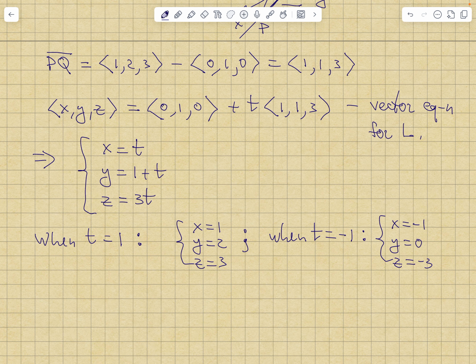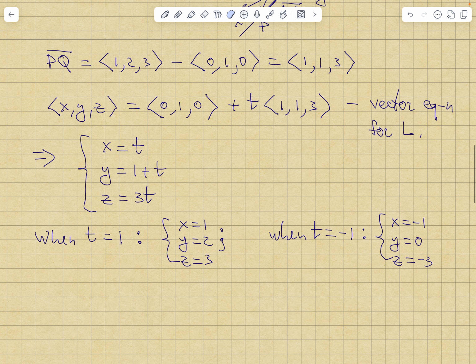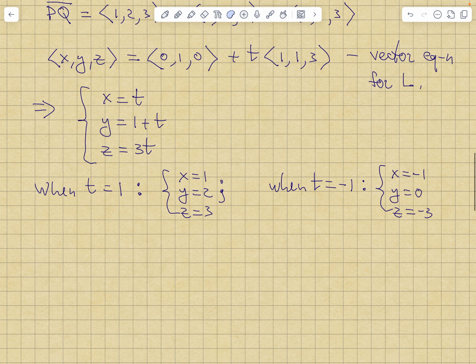So by choosing different values of t, I'll find different points where the particle is on the line, or also just different points on the line.